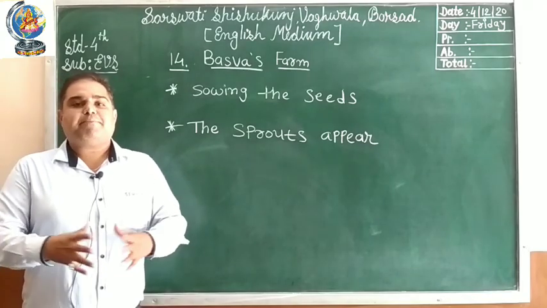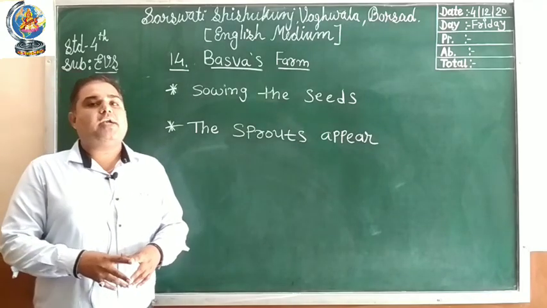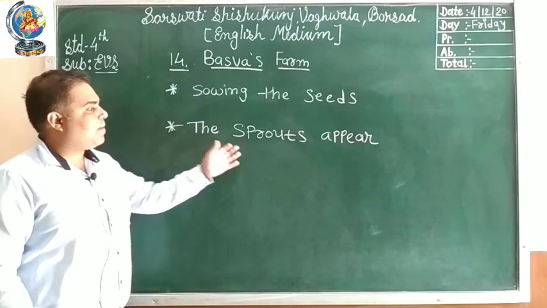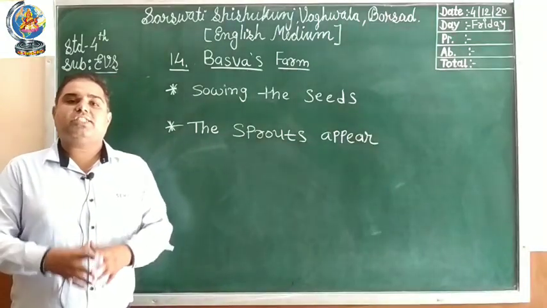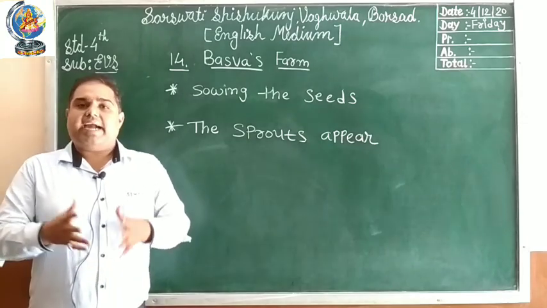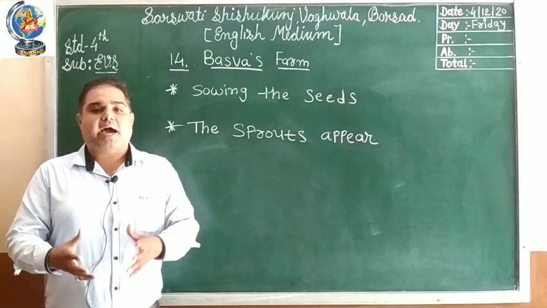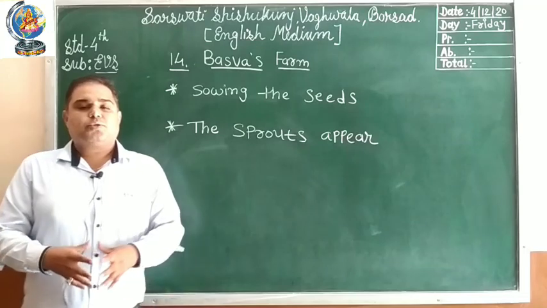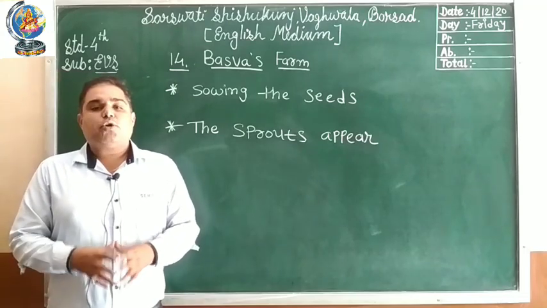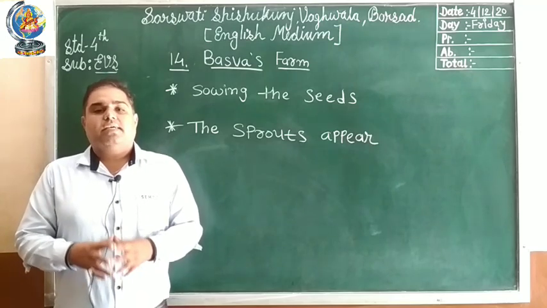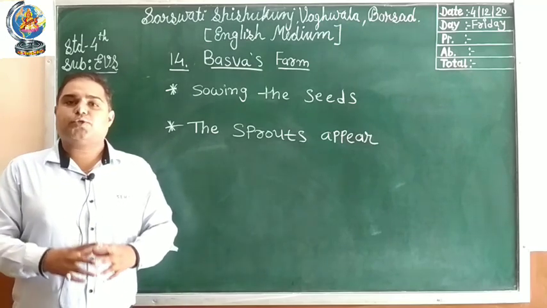Next students, after sowing the seeds, another point you have to learn is the sprout appears. So students, Basva's father has sown the seeds. Then in how many days does the sprout appear? Let us learn. It is now 20 days since the seeds were sown.